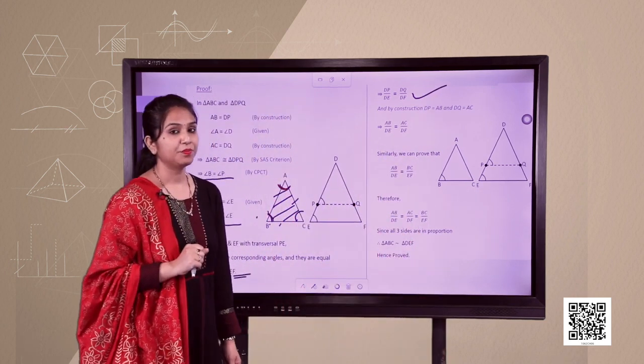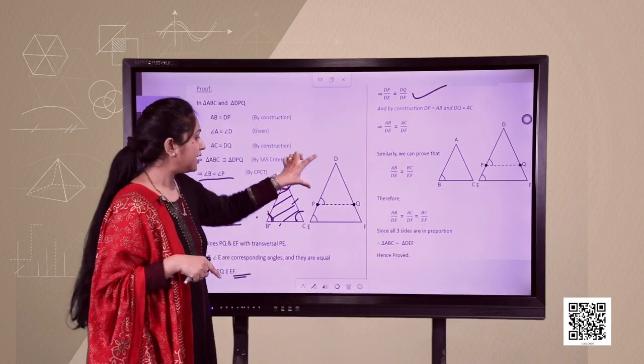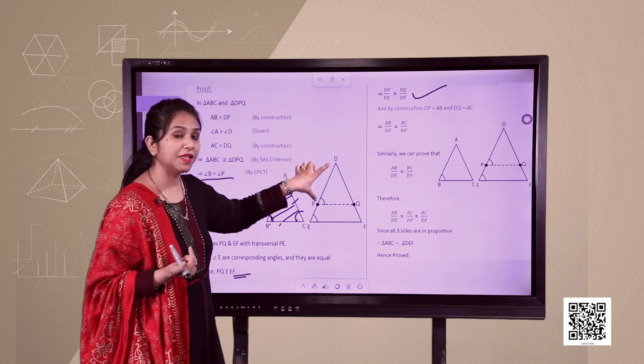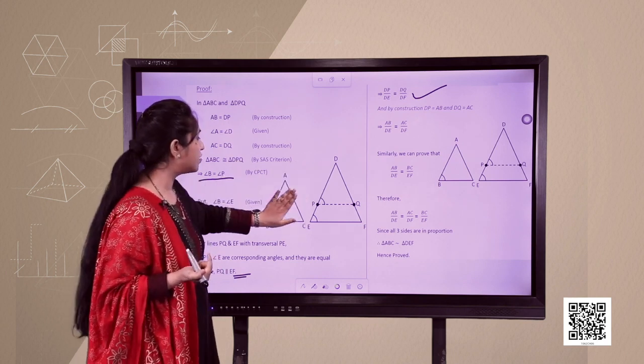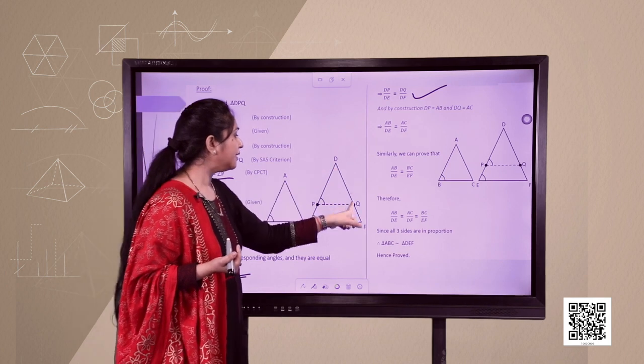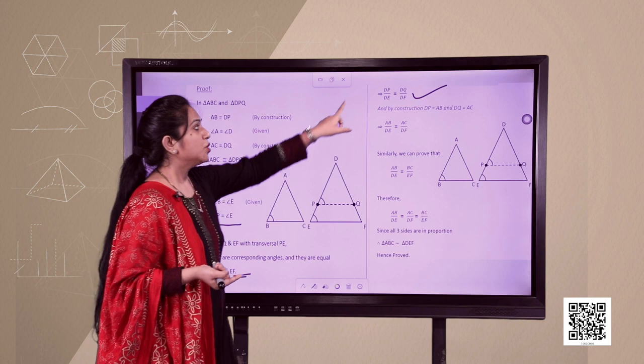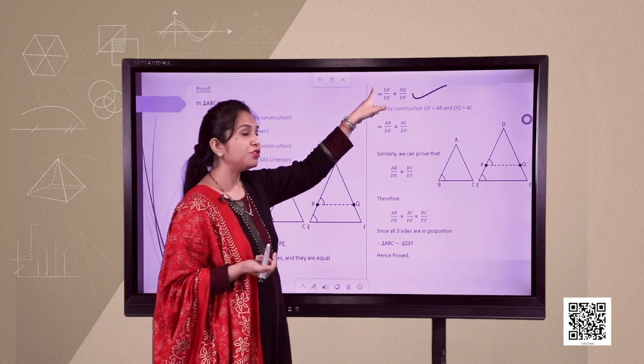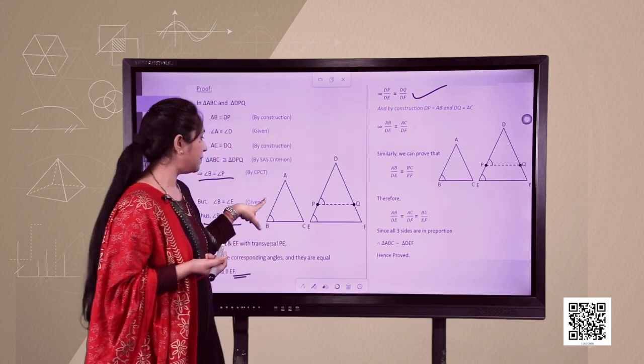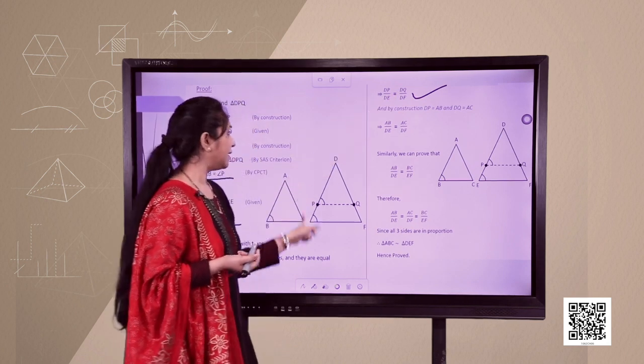But remember, according to your construction, DP is equal to what? DP is equal to AB, that's according to your construction, and DQ is equal to AC, again according to your construction. So in this equation we are going to replace DP by AB and DQ by AC.